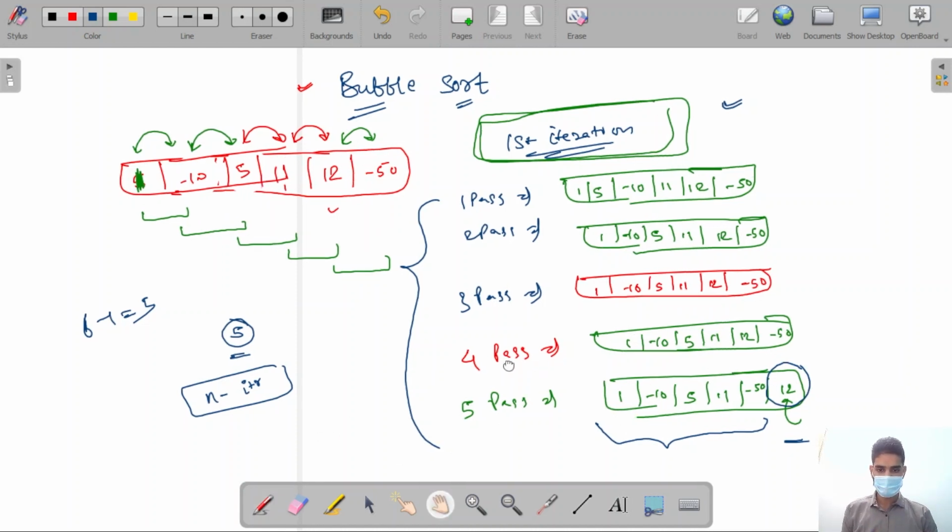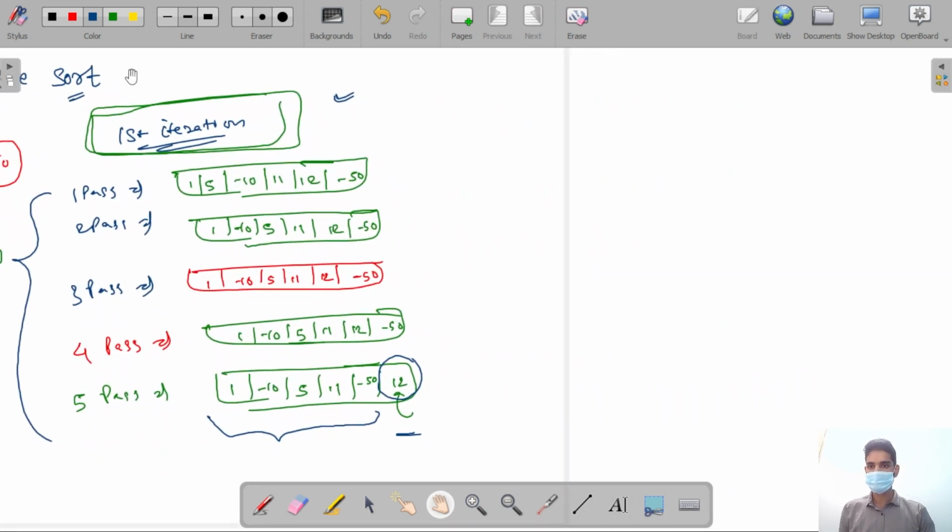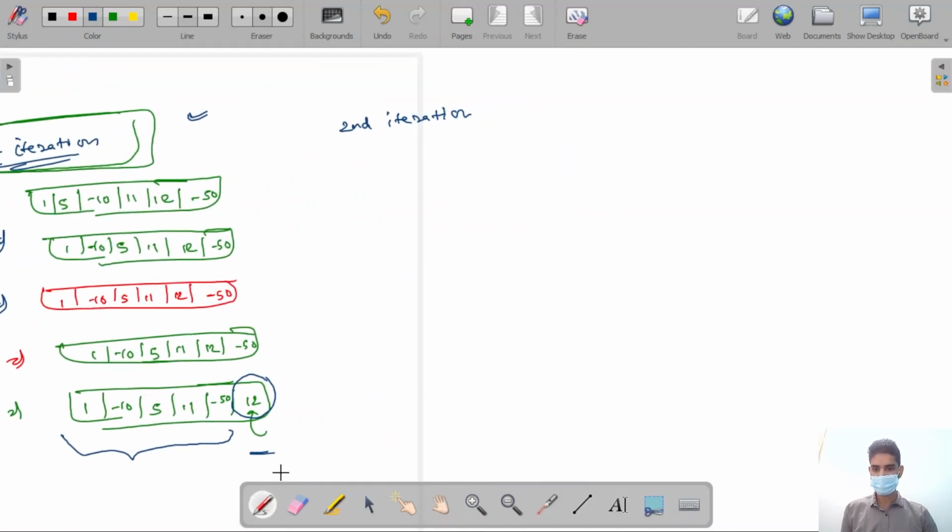So a new array will be, I am writing the second iteration. Now what will be our array? Let me write this. Our array will be 1, minus 10, 5, 11, minus 50 and 12.